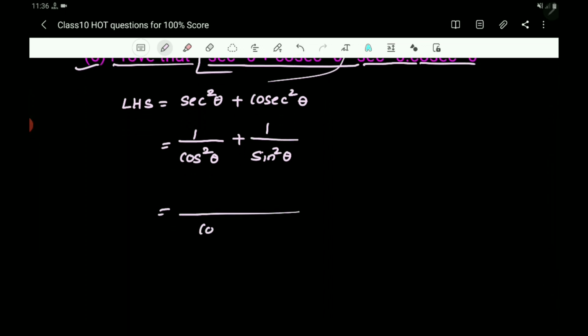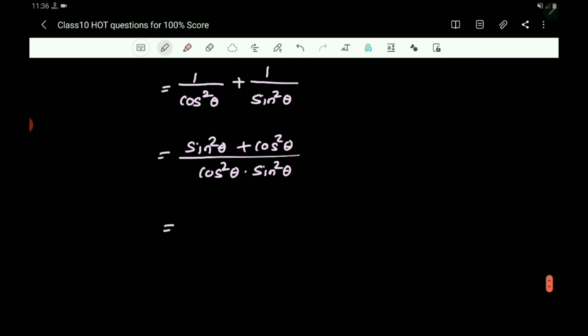What is that LCM? Cos² theta into sin² theta, and the numerator becomes cos² theta into sin² theta, means 1 into sin² theta is sin² theta plus 1 into cos² theta is cos² theta. That equals, you know, sin² theta plus cos² theta is 1.